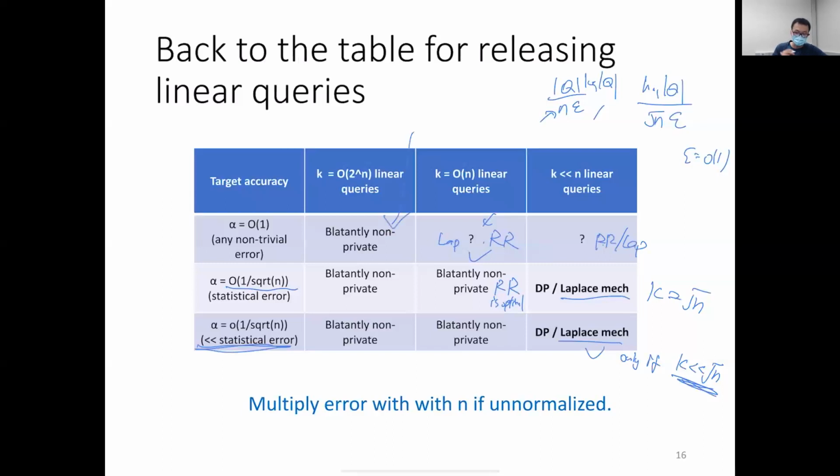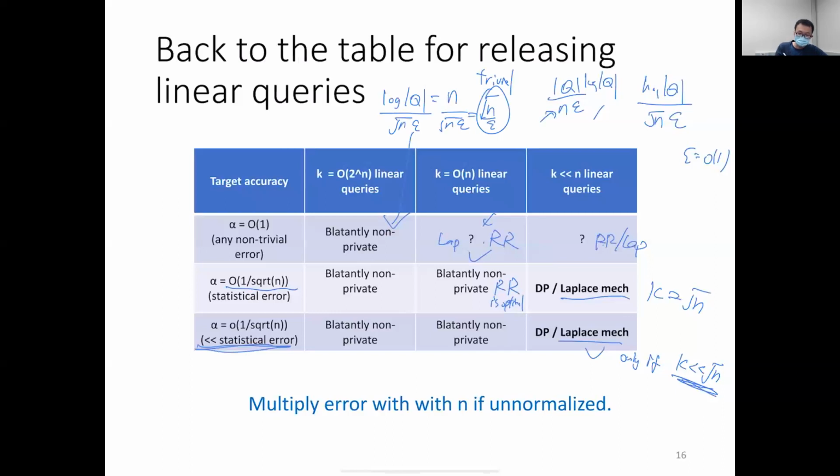So how about here? Can we answer up to 2 to the power of n linear queries while incurring only constant error? Let's try applying the bound of the randomized response here and substitute the cardinality of Q to be 2 to the power of n. We'll see that this becomes n, but then this divided by square root of n epsilon becomes a trivial result.